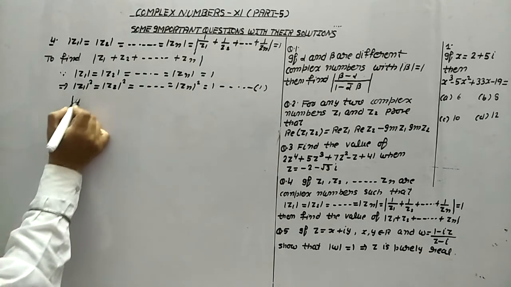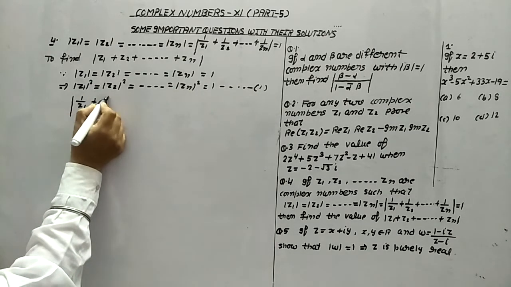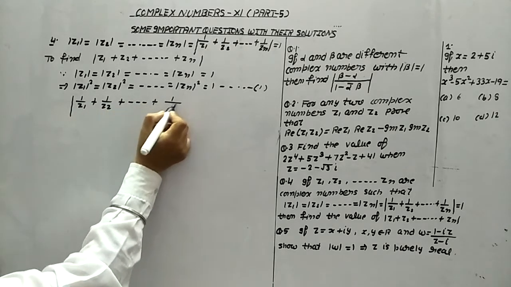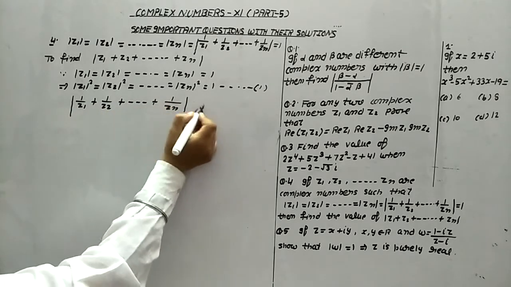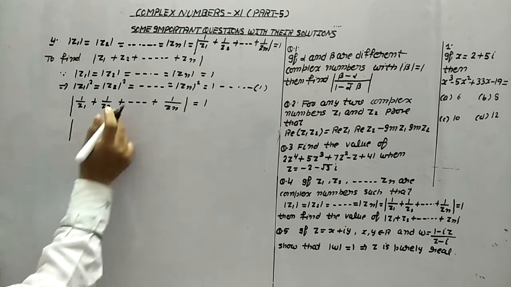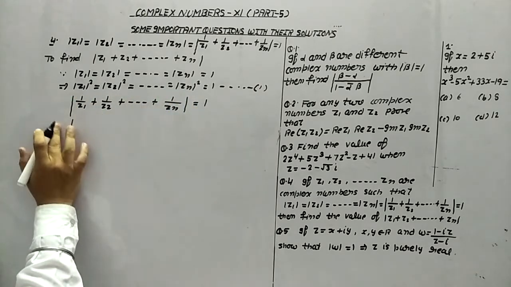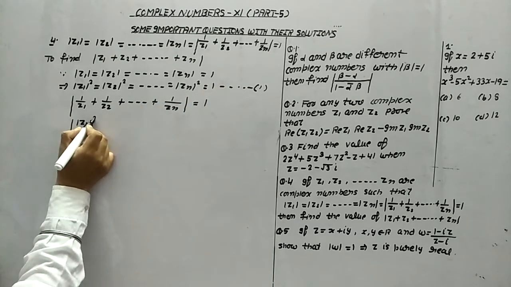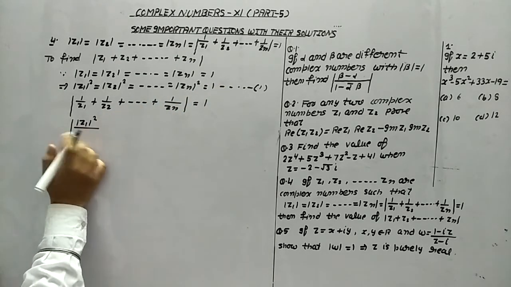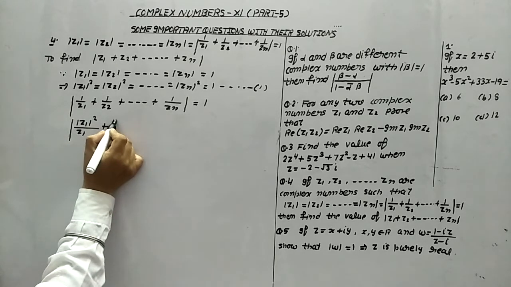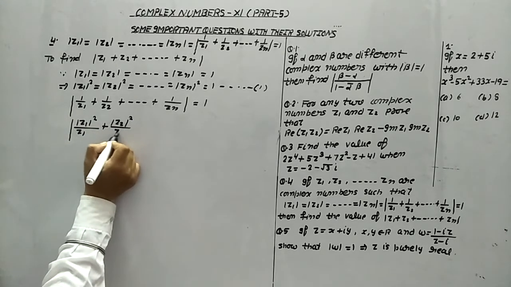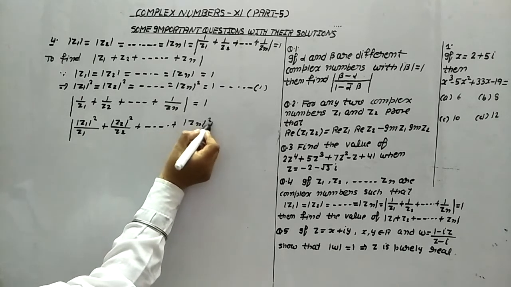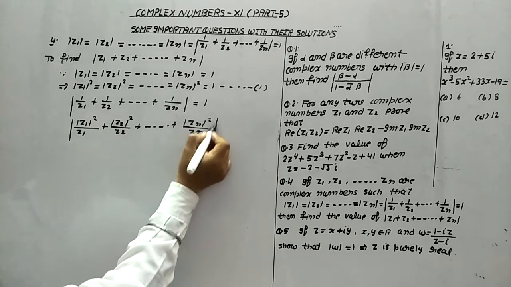Now we have 1 upon z1 plus 1 upon z2 plus and so on plus 1 upon zn is equal to 1. Now substitute the value of 1 from this equation 1. So what does this become? Modulus of z1 square upon z1 plus modulus of z2 square upon z2 and so on plus modulus of zn square upon zn is equal to 1.